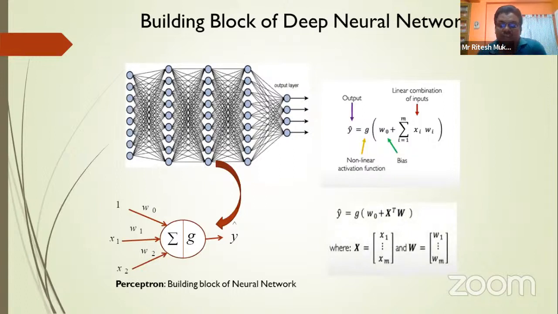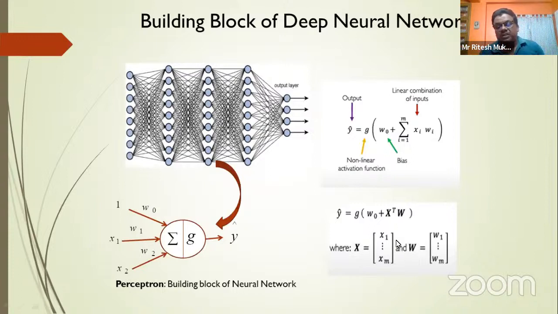So here you can see this X means all the inputs. Those are nothing but a one column matrix, right? X1, X2, X3 up to Xm. Similarly, for each of them we are giving some weightage, W1, W2 up to Wm. So two column matrices are there.